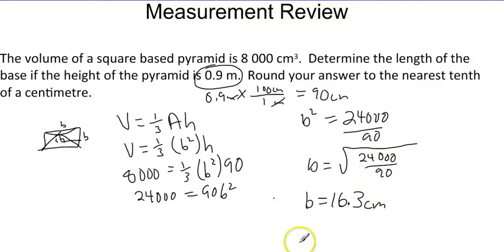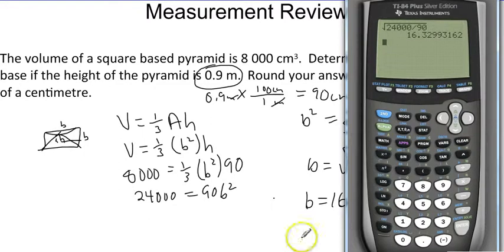centimeters. How do you know if you're right? Try it with 16.3. Go back to here, put in 1/3 16.3. You notice that's going to be a little small, so we're going to be short, squared times 90, and we should get 8,000, right? Actually, it's going to be a little under because it's 16 point, this, but close enough.